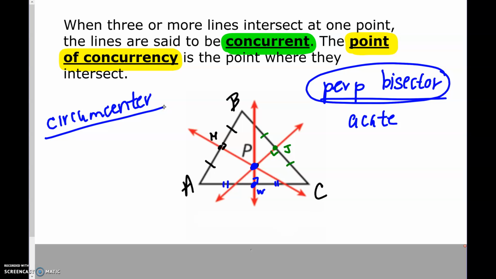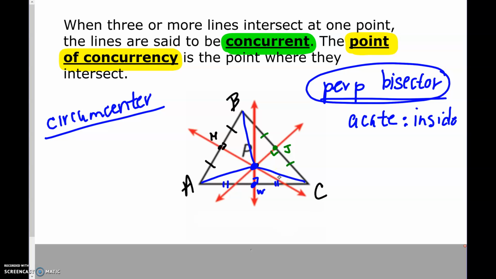And when you make an acute triangle, that point always is inside the triangle. Now, if we were to take a ruler and measure from this point to A, this point to B, and this point to C, all three of those blue segments would be congruent.